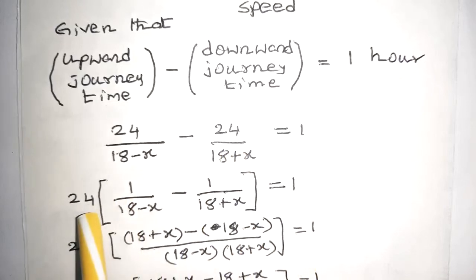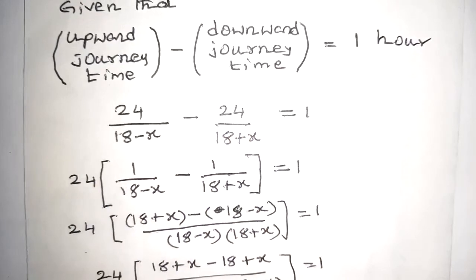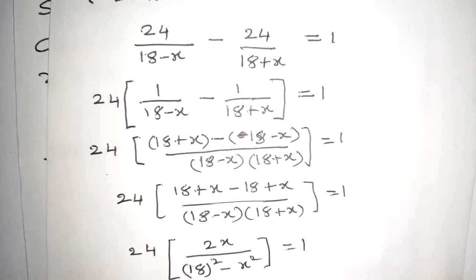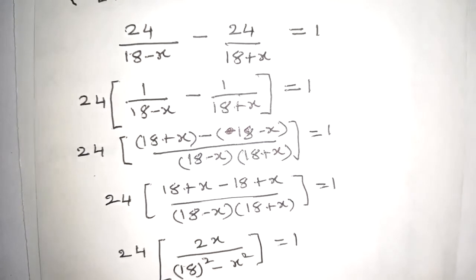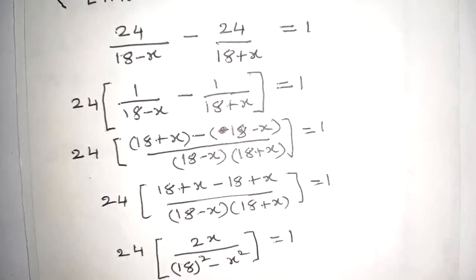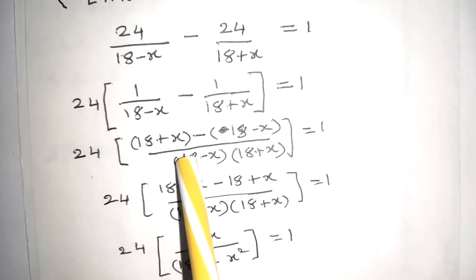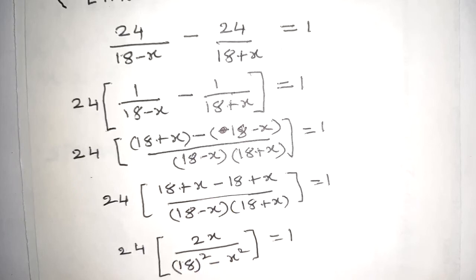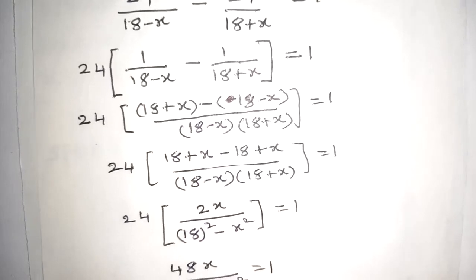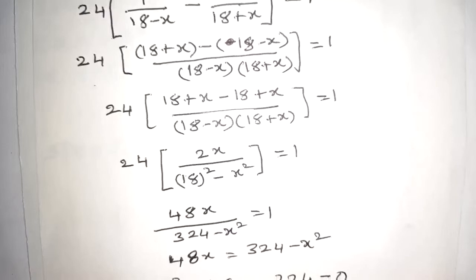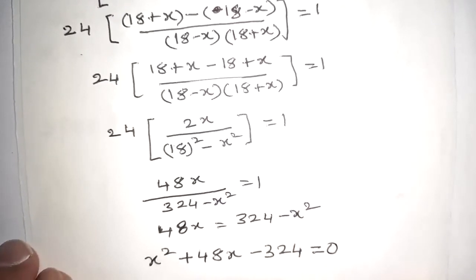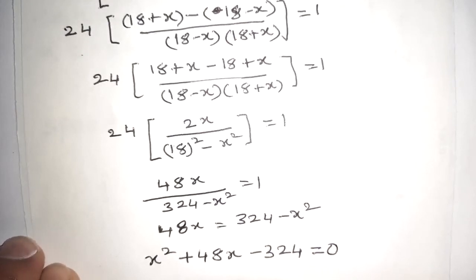Now 24 is taken as common factor. On simplification of this, we get a quadratic equation x square plus 48x minus 324 equal to 0.